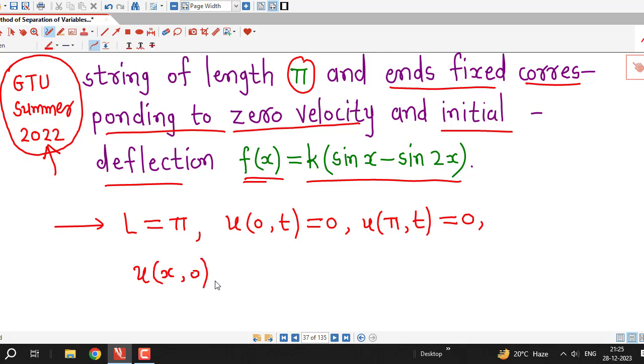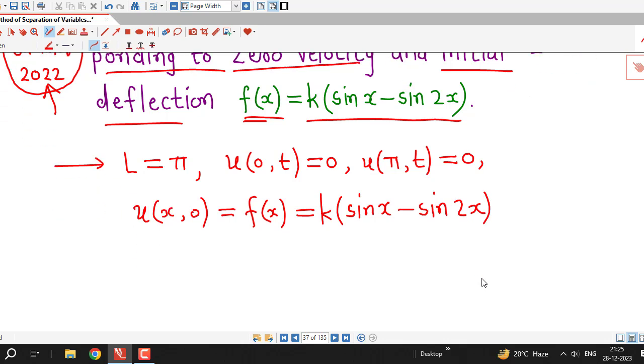That is, u(x,0) equal to f(x) is given by k times (sin x minus sin 2x), and initial velocity is 0.